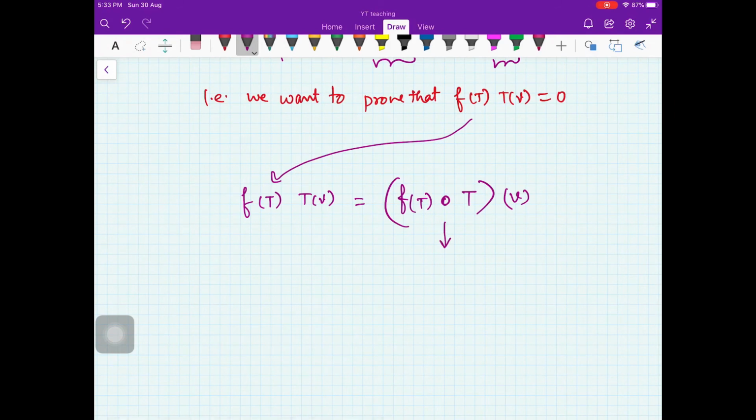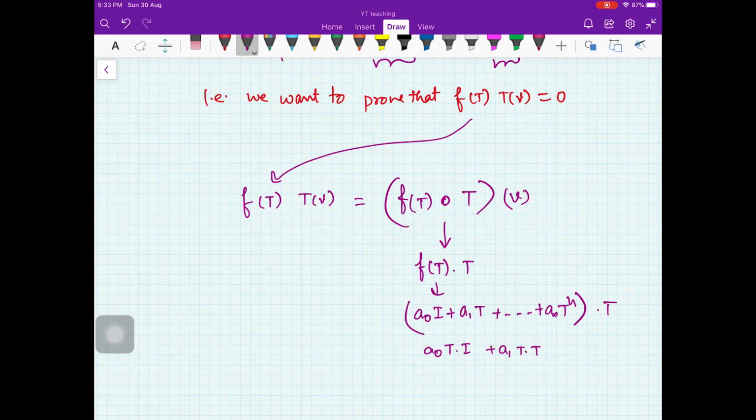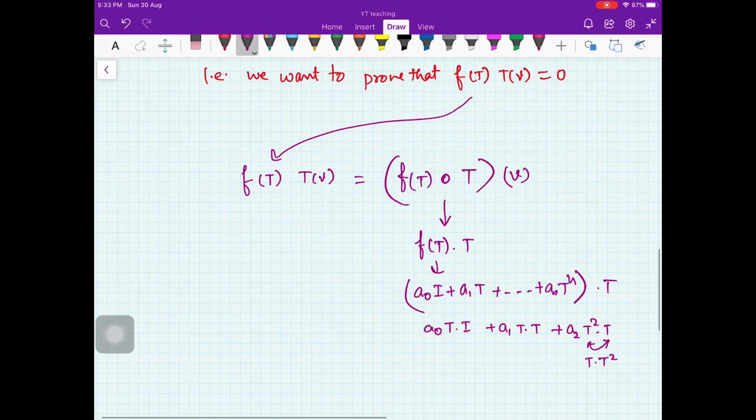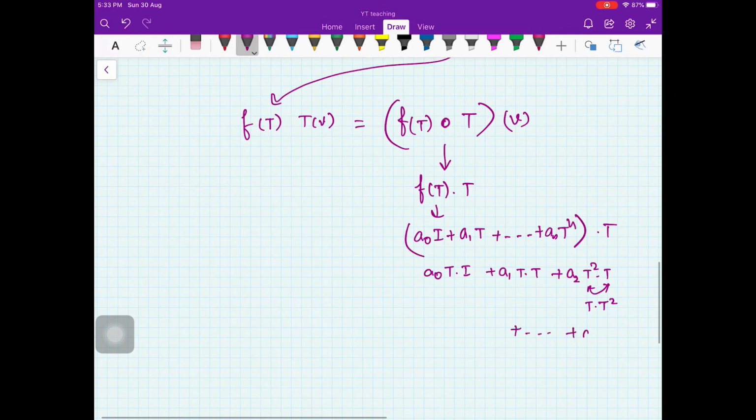Now can you see what this is? This is actually f(T) composed with T, and f(T) is a polynomial. You have a0 I + a1 T + ... + an T raised to power n, composed with T. So you can write it as a0 T + a1 T composed with T, plus a2 T squared composed with T, which is T composed with T squared, plus so on, then an T raised to power n composed with T, which you can write as T composed with T raised to power n because of commutativity.